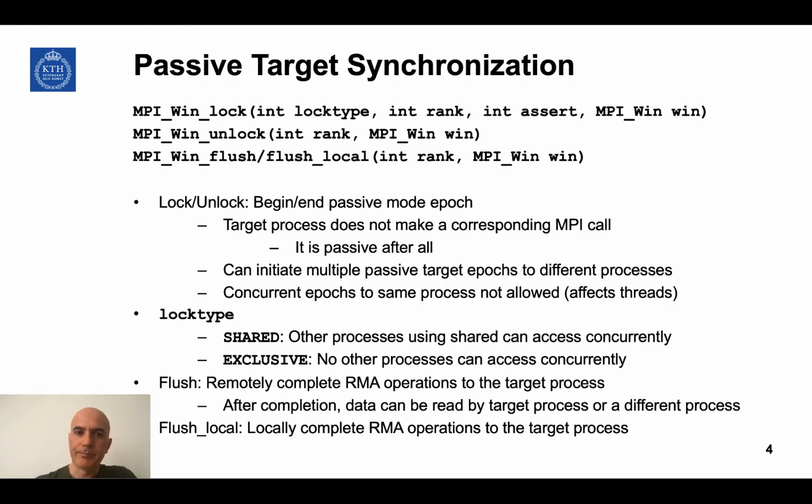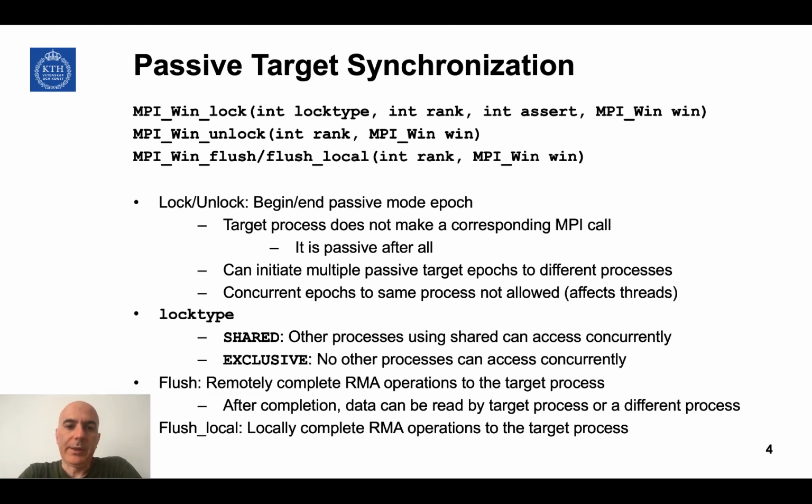The functions for using passive target synchronization are four: MPI win lock, MPI win unlock, MPI win flush, and MPI win flush local. The functions lock and unlock are used to begin and end a passive mode epoch.